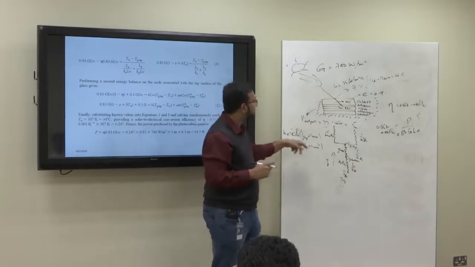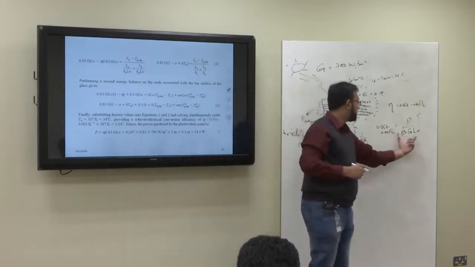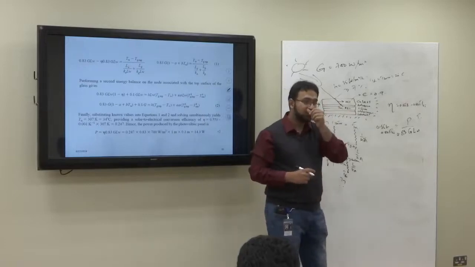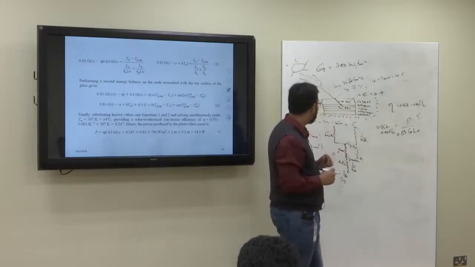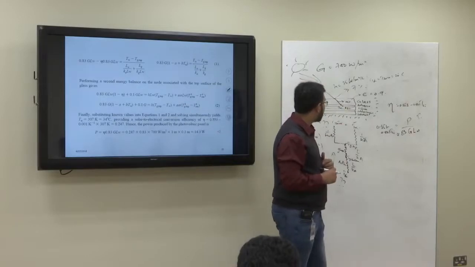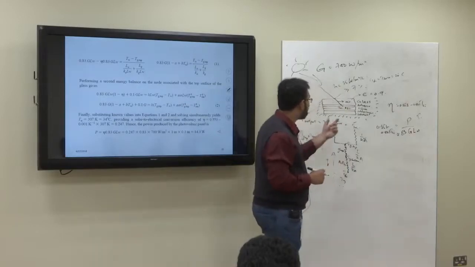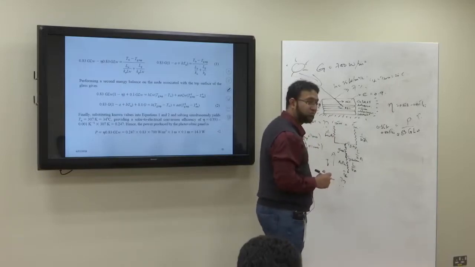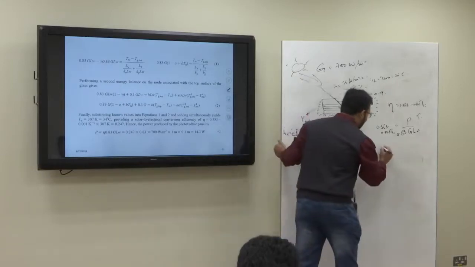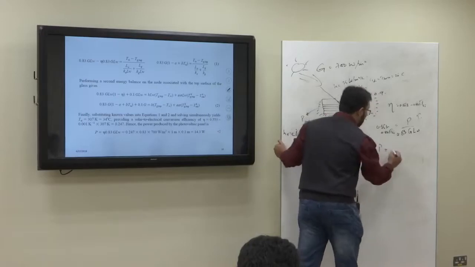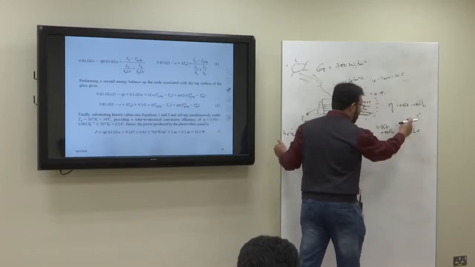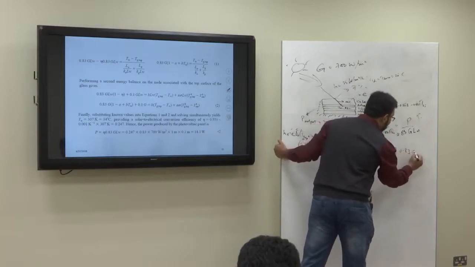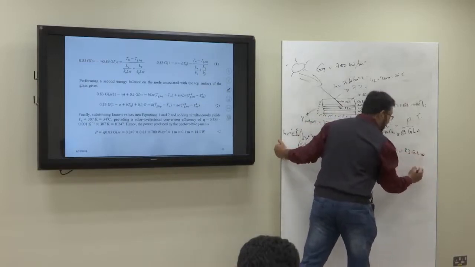Look, this is the amount of energy which falls on the silicon layer, right? Now, if this much amount of energy falls on the silicon layer, then how much is the power produced? The power produced will be P is equals to efficiency multiplied by 0.83 GLW, right?